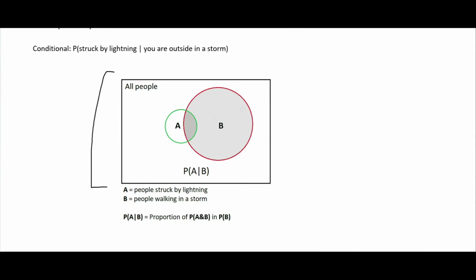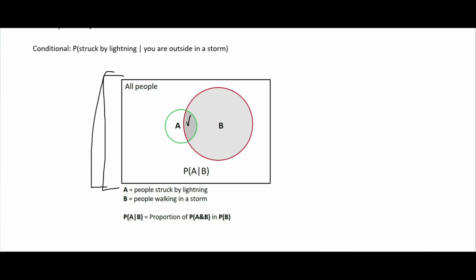But then if we focus down on B here, which is all the people who are walking in a storm, and then we take the probability of people who are struck by lightning while also walking in a storm, the proportion of this dark gray wedge here to the light gray B is going to be much larger than the proportion of A to the denominator of all people.